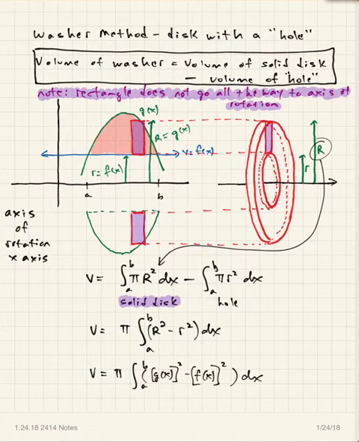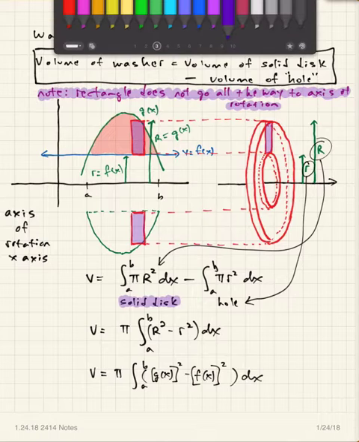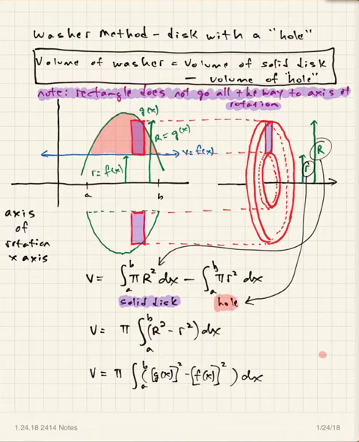And then little r is the radius of the hole. You're taking the volume of that solid disk and subtracting away the volume of the hole.